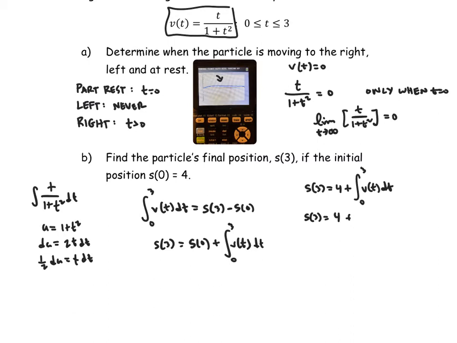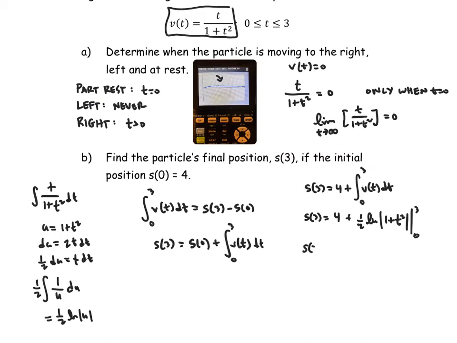Okay, so then the integral is equal to 1/2 the integral of 1 over u du, which is equal to 1/2 ln of u. Therefore, I'm going to plug back in for u, 1 plus t squared. So this would equal 1/2 ln of 1 plus t squared evaluated from 0 to 3.